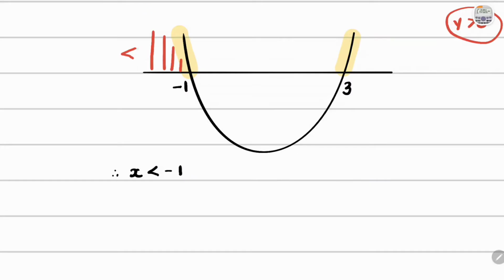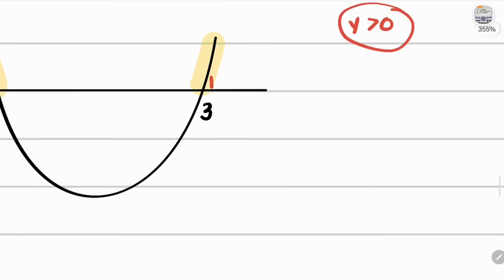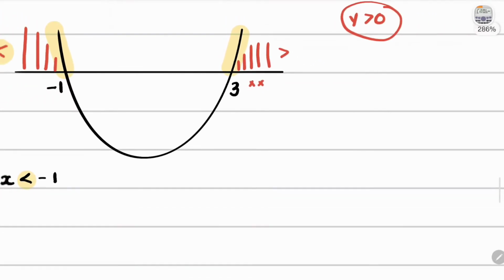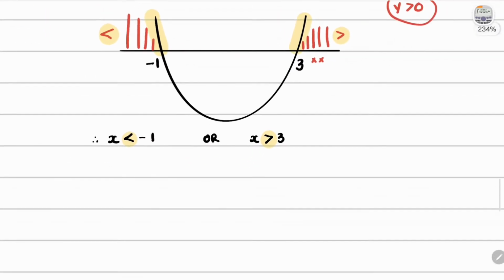Okay, so do you see that the direction helps you with the inequality? And on this side, if we line them down to the x-axis, they're moving towards the right-hand side of 3. So we can say x is greater than 3. Again, the direction helps you with the inequality. And those would be our solutions.